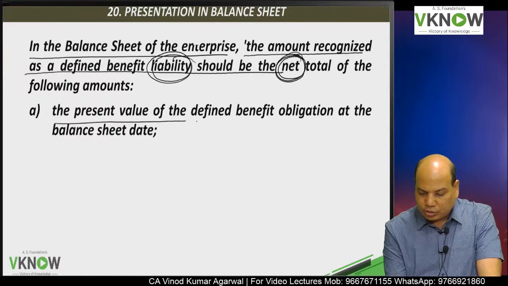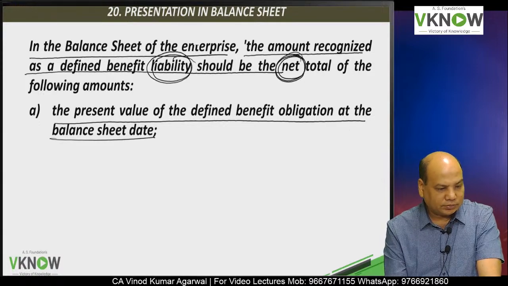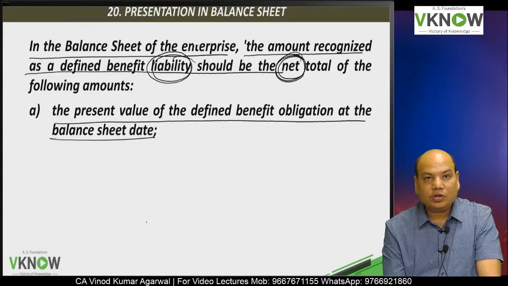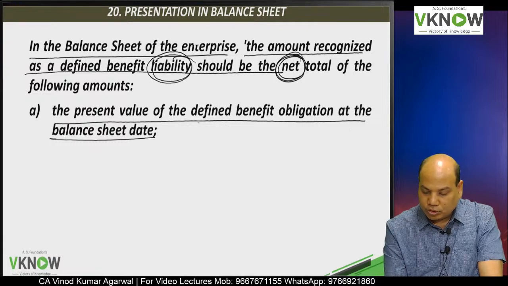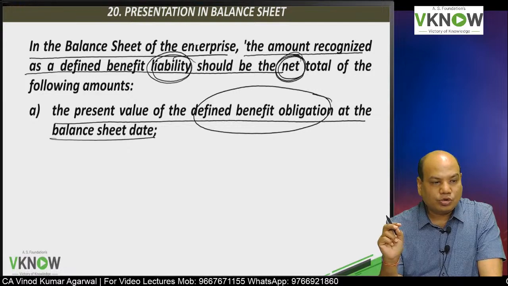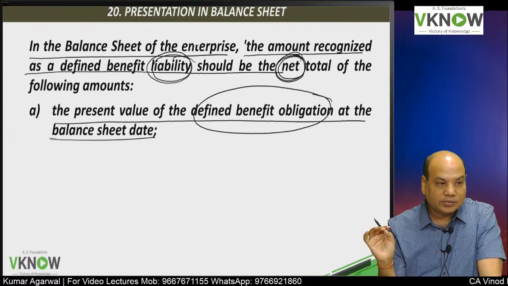compute the present value of the defined benefit obligation at the balance sheet date. Present value of the defined benefit obligation, that is what we have learned to compute, or in short, the liability amount, which the actuary will tell you is your liability at the end of the year.